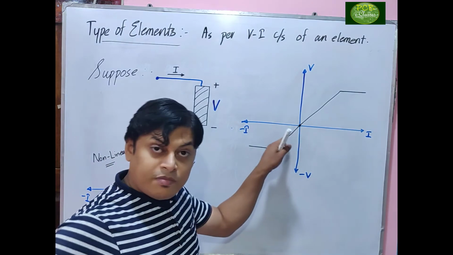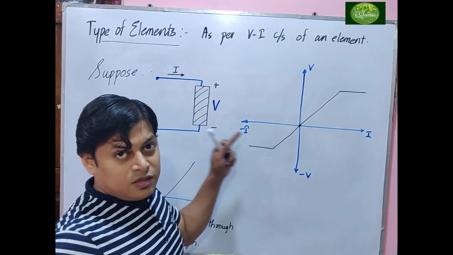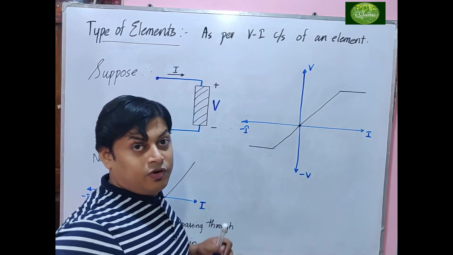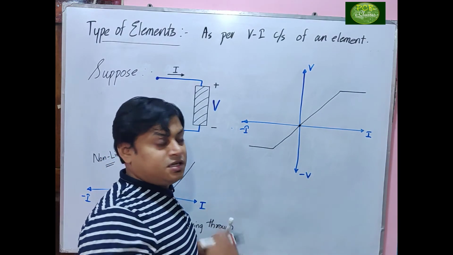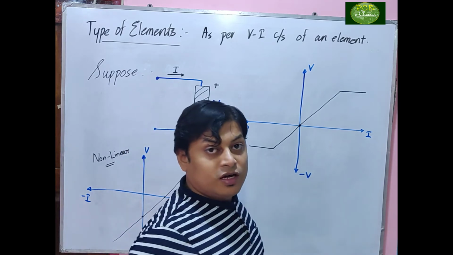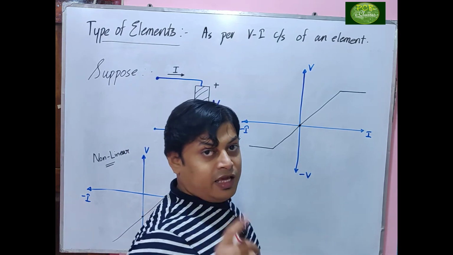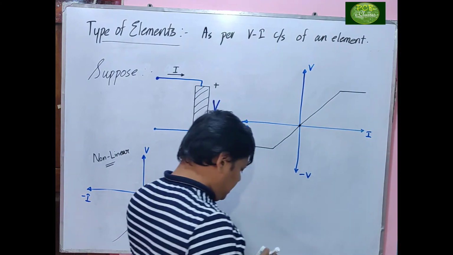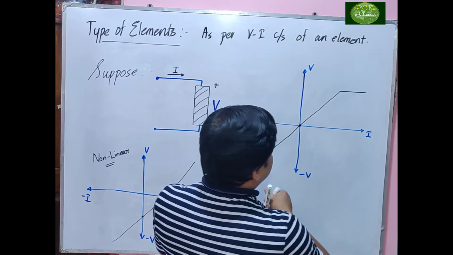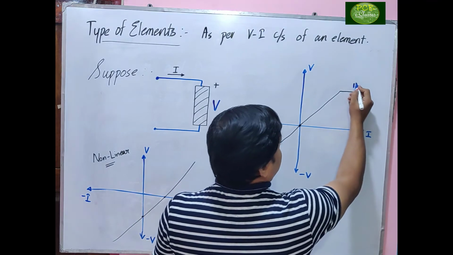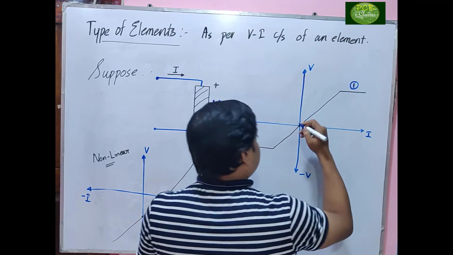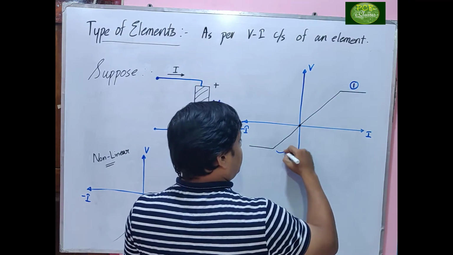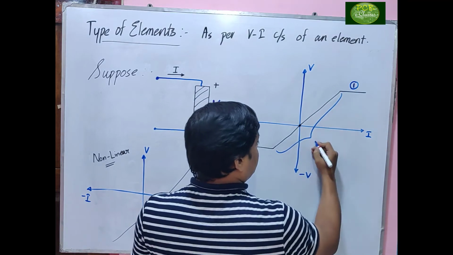Is it passing through the origin? Yes. Is the slope same? We don't know. First we will verify the steps. First one, it should follow the single straight line equation. But here you can see, how many straight lines do we have? This is one. This entire one is 2.